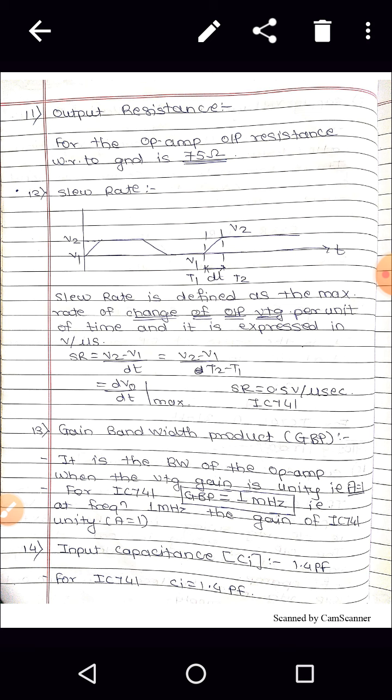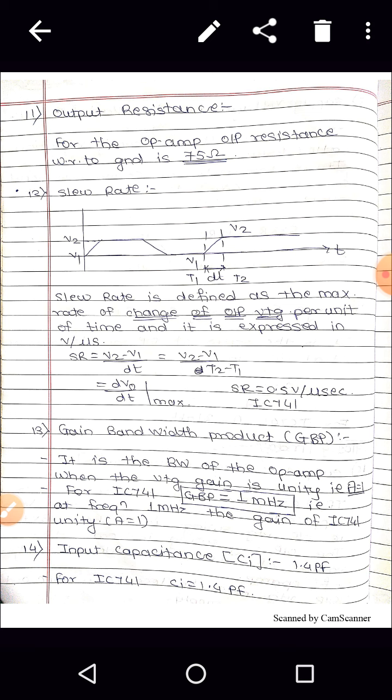That is, at frequency 1 megahertz, the gain of IC741 is unity, A is equal to 1. Remember, gain bandwidth product for IC741 is 1 megahertz.